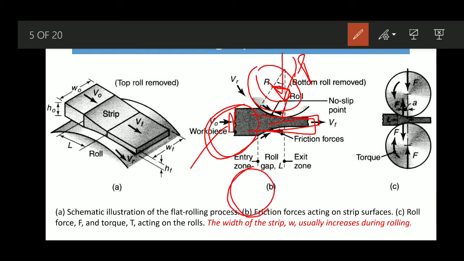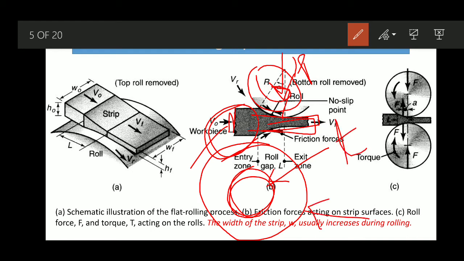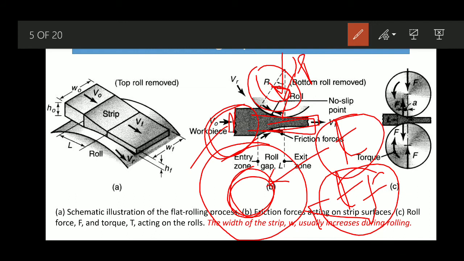Previously this was the size of the dough, and in the next run it has become like this. The final thickness is less than the initial thickness. Similarly, in our rolling process, the final thickness and the initial thickness will be different.